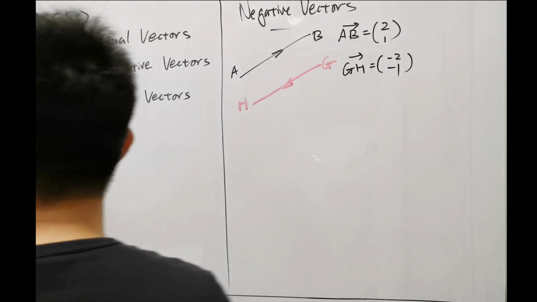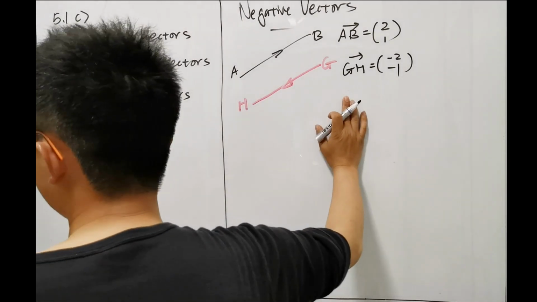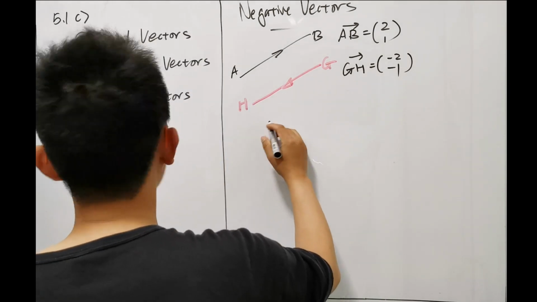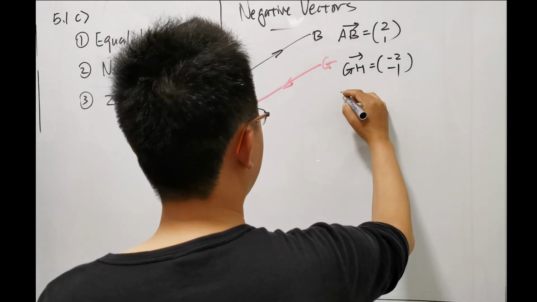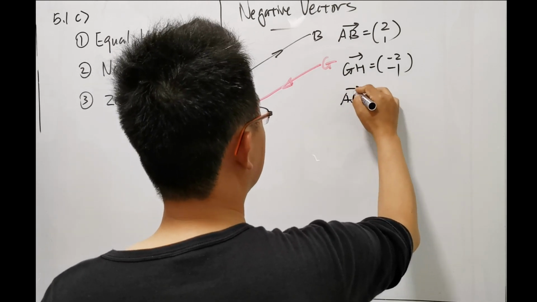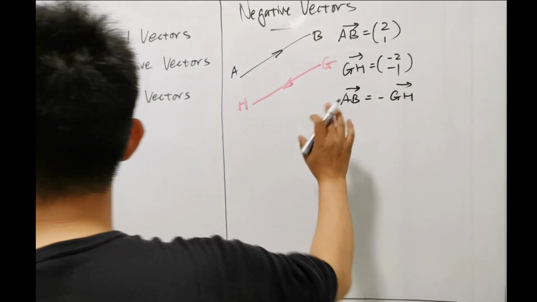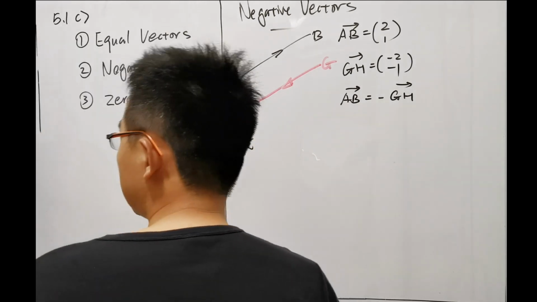Okay, so we can see from here that these two vectors are negative vectors. So we can say AB equals -GH. So from here we can see that it can also be summarized in this way.